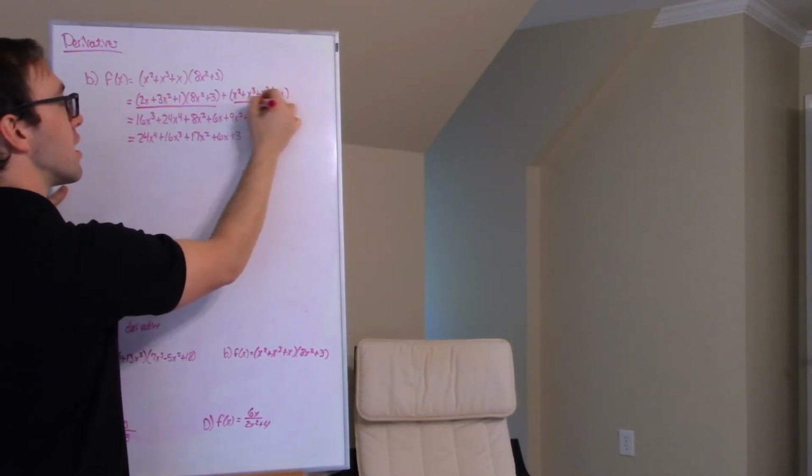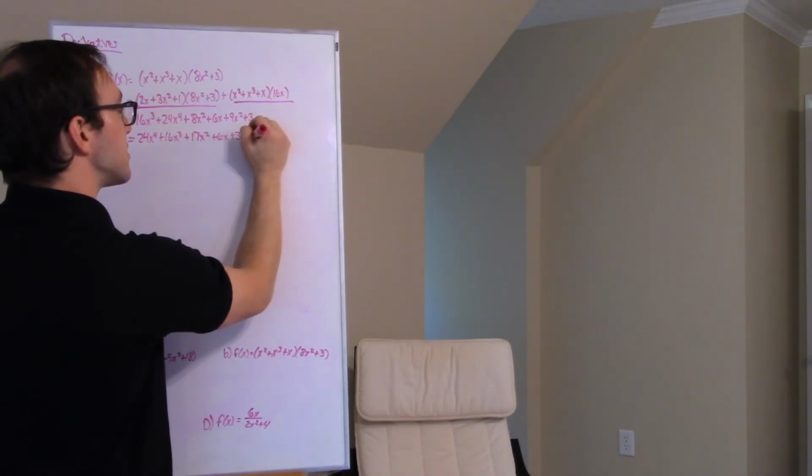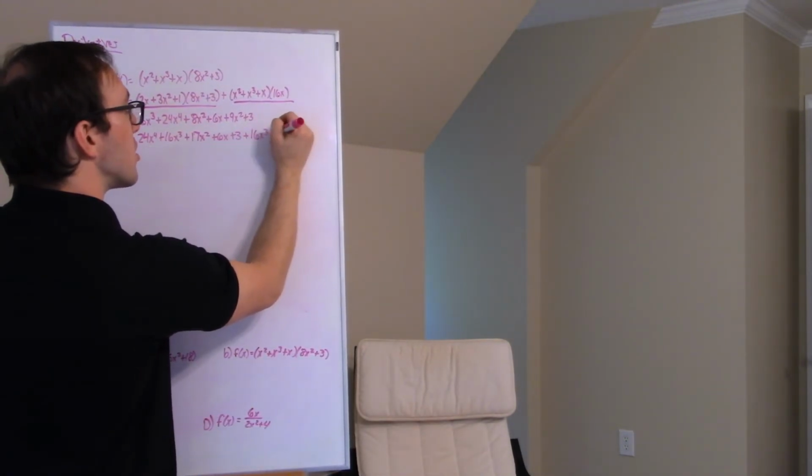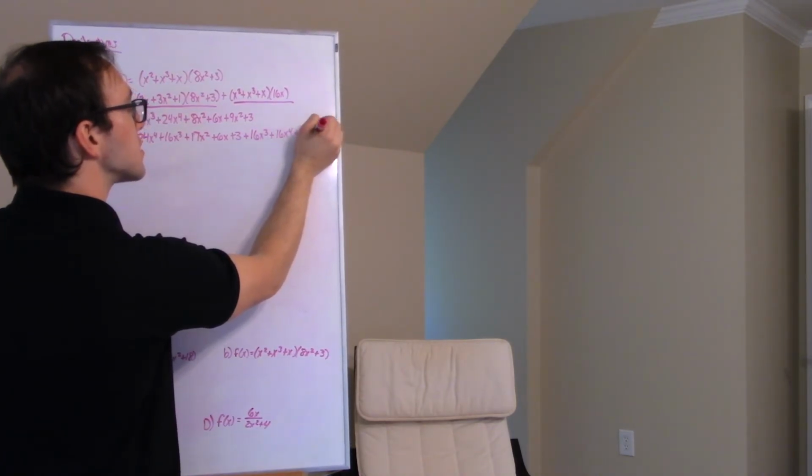And then we will add in our second distribution here. So you're going to get plus 16x3 plus 16x4 plus 16x squared.